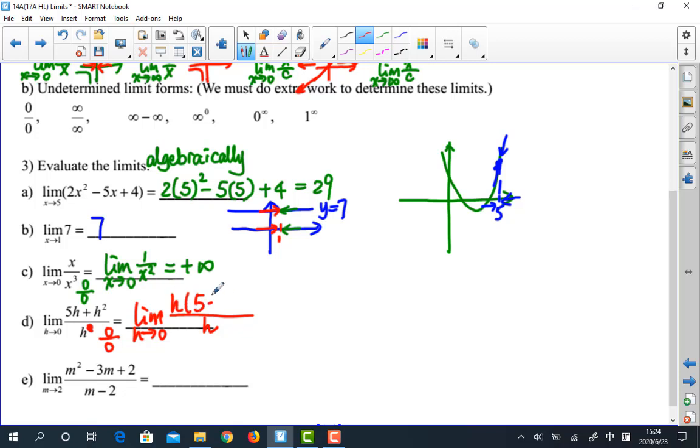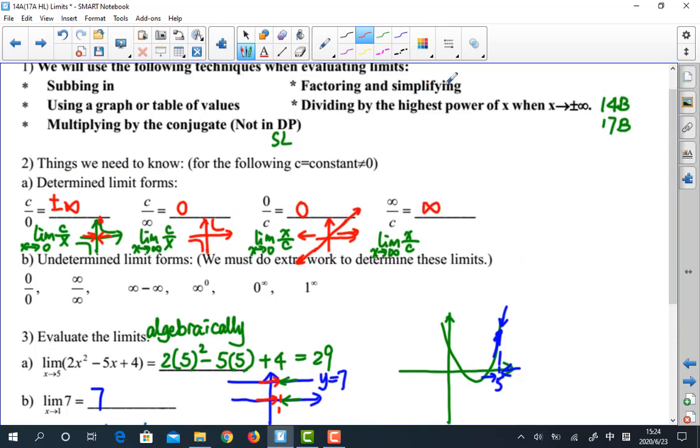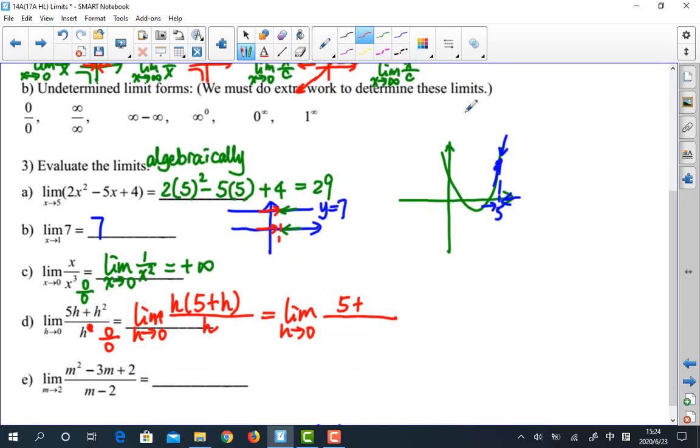So h times the bracket 5 plus h, close the bracket. We can also reduce the fraction to the lowest term as the next step. So this is called the technique factoring and simplifying. This technique usually is applied to work on rational functions.